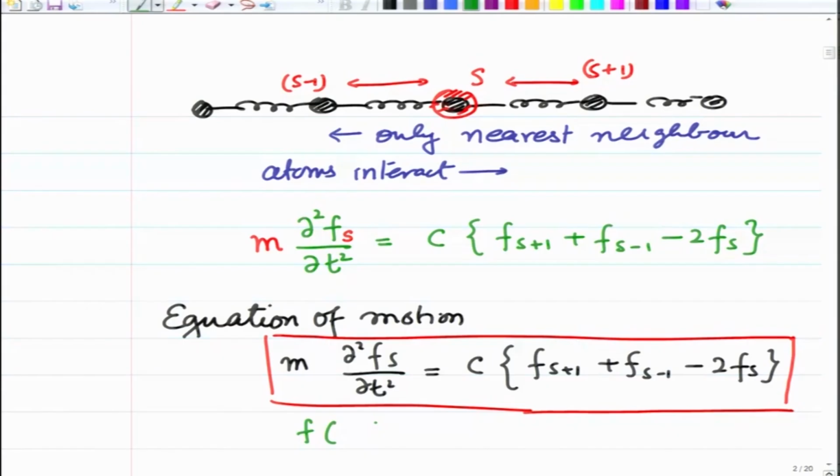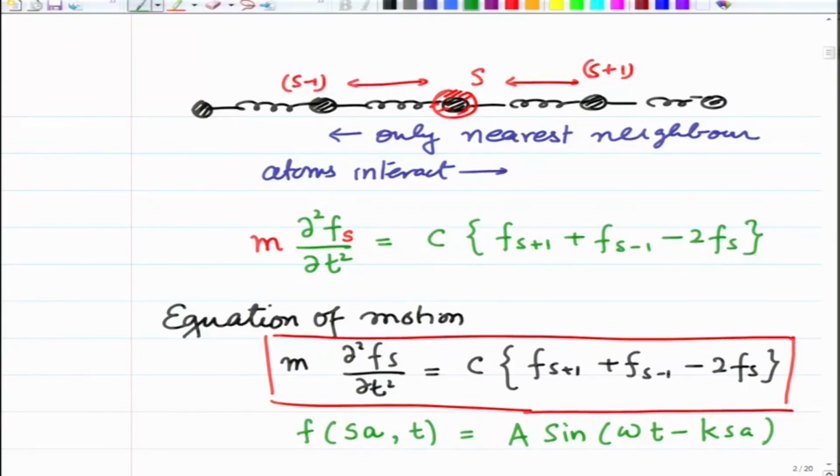The difference from the wave equation is, instead of x, now I am going to have s a, where a is the distance between the atoms, at time t is like A sine of omega t minus k s a. This is the solution that I had proposed last time, and we are going to explore this further this time.